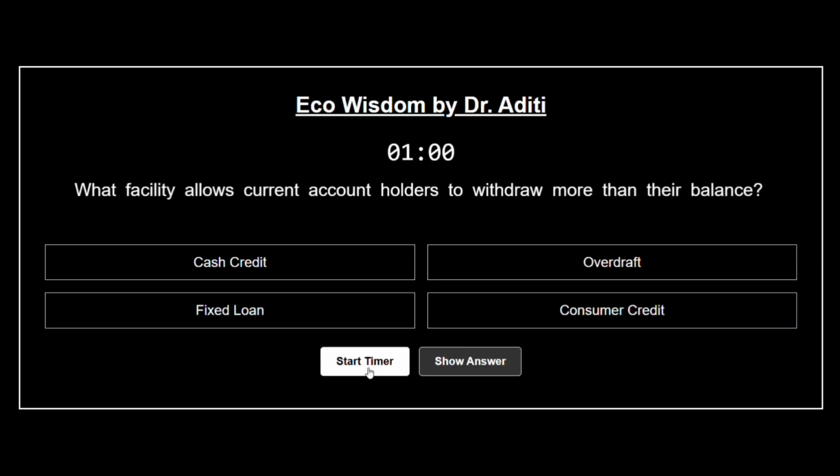Next question is, what facility allows current account holders to withdraw more than their balance? First option is cash credit, second is overdraft facility, third is fixed loan, and fourth is consumer credit. You still have some time, think and then mark your answer.